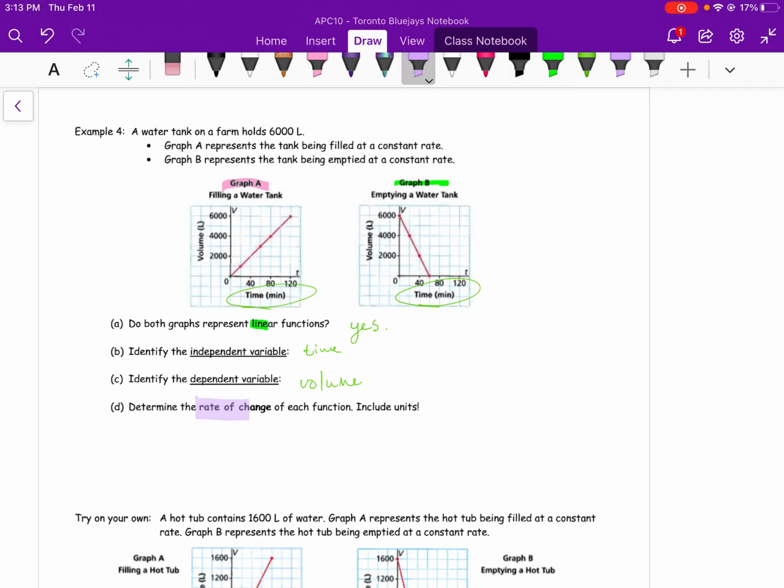Now, here is an interesting notion, the rate of change. That is, really the rate of change should say per 1 minute, how much does the volume change?